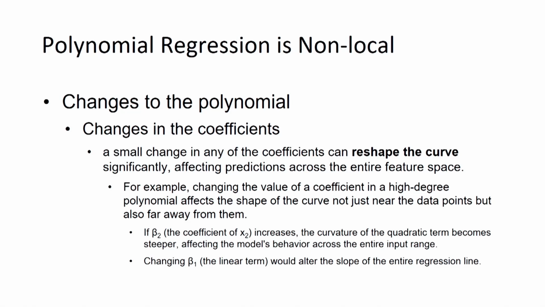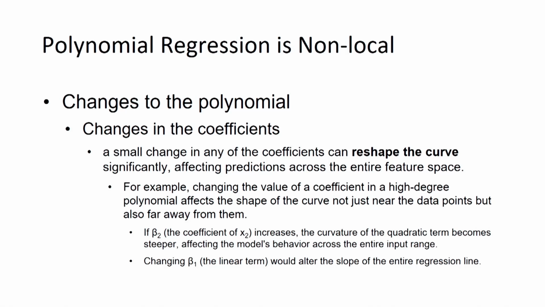If we change one feature or one instance, it is not the case that only the y values of instances close to this instance will change. Polynomial regression is non-local, while some other algorithms like KNN are local algorithms. We will see in detail the difference between these two.